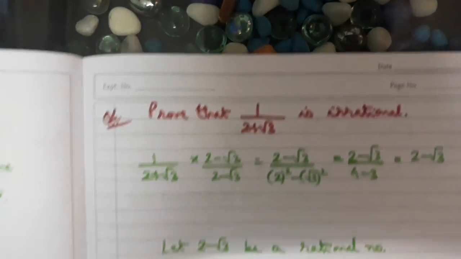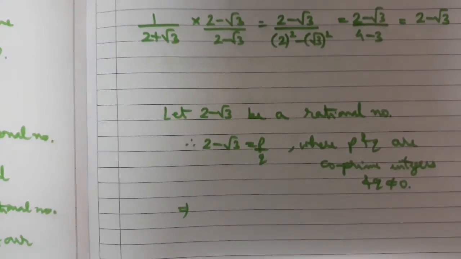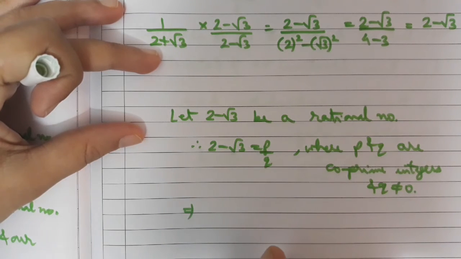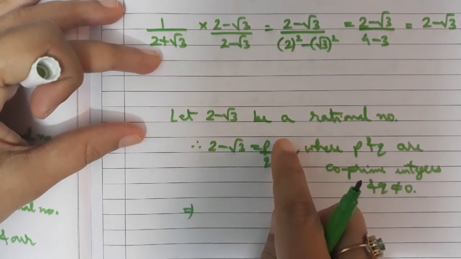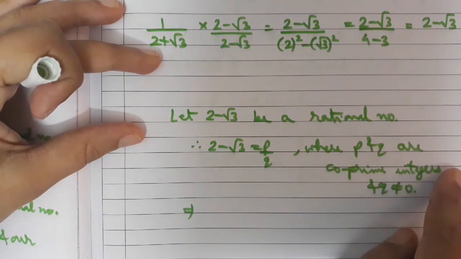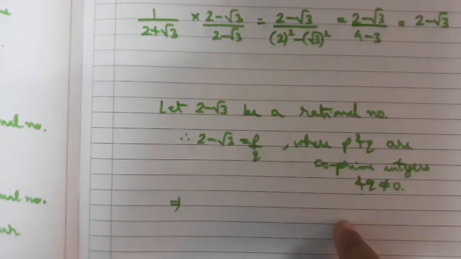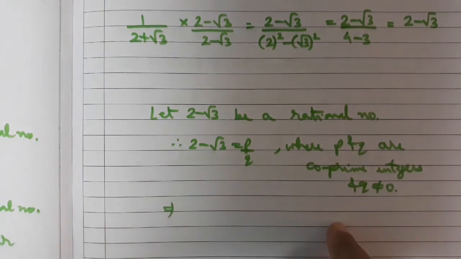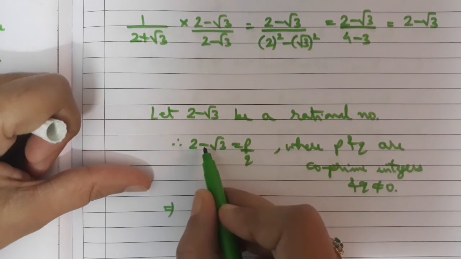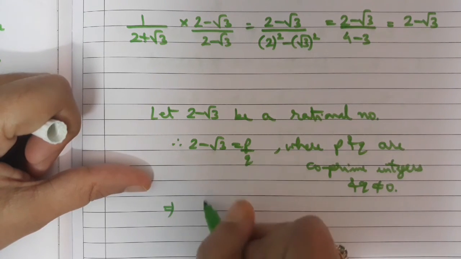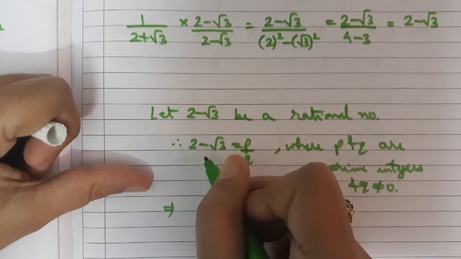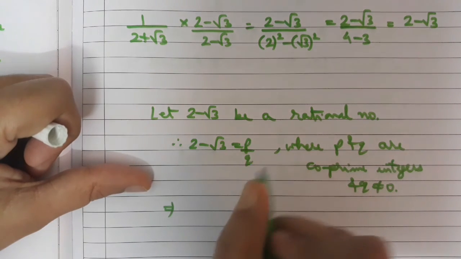Now we assume that let 2 minus root 3 be a rational number. So if 2 minus root 3 is a rational number, it can be written in the form p by q, where p and q are co-prime integers and the denominator q is not equal to 0. Now over here root 3 is negative, so what we can do, we can transpose root 3 on the right hand side and we can transpose p by q on the left hand side.